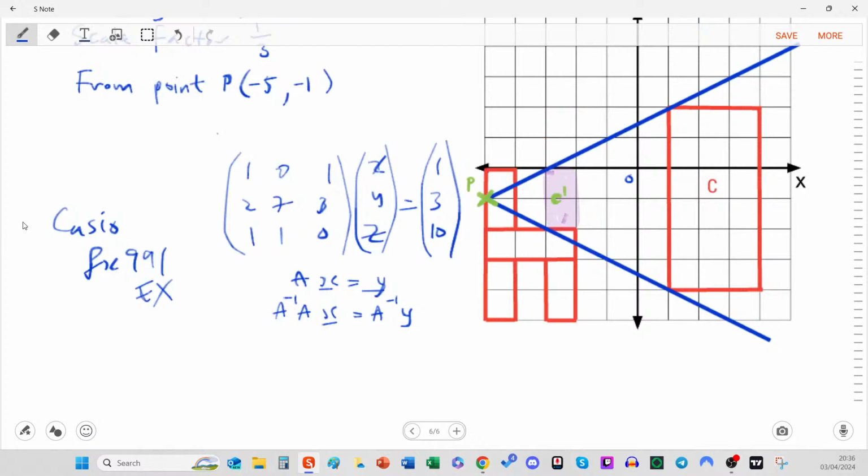Let me scroll down a bit. And essentially, to find this row of unknown values, we can find the inverse of A and multiply it by the vector 1, 3, 10. It's a beautiful little thing, and that will set you up for the foundations of data science and artificial intelligence, that sort of thing.